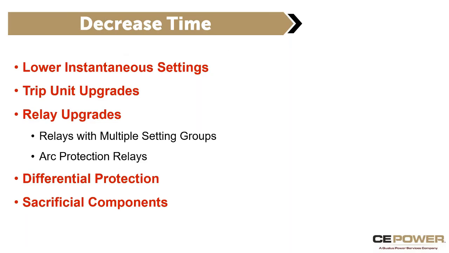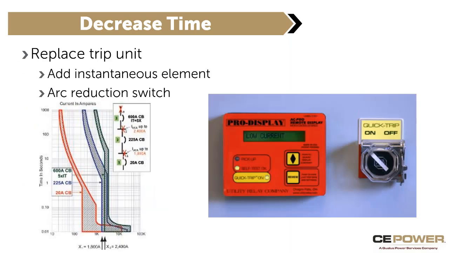We're going to cover lower instantaneous settings, both on low voltage and medium voltage circuits, trip unit upgrades for low voltage breakers, relay upgrades, differential protection, and then sacrificial components. So as far as decreasing time, a lot of the newer power circuit breakers out there today have, call them ARMs, call them quick switch, call them quick trip. There's a lot of different language out there.